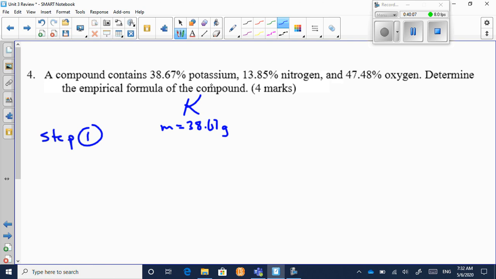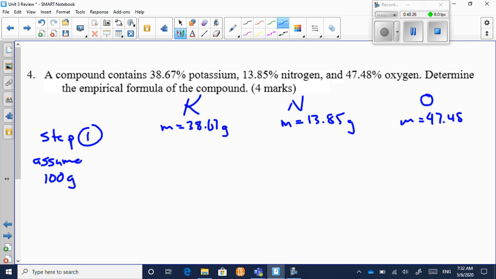If that's the percent, and you only had 100 grams, you'd have that number of grams. For the nitrogen, the little m would be 13.85 grams, and for the oxygen, the little m would be 47.48 grams.